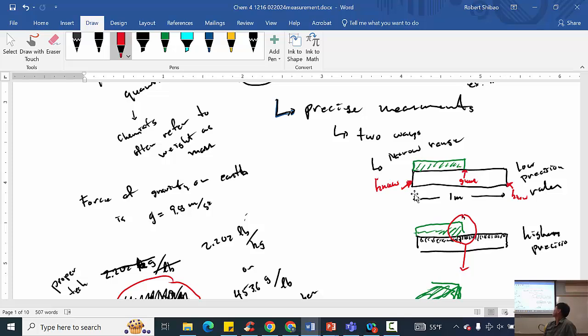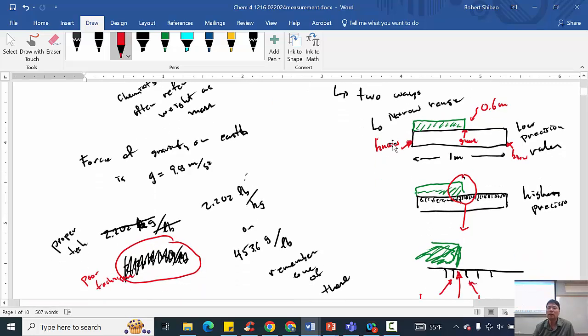For sure, we see it's greater than half. Maybe we shouldn't be that precise. Maybe I'm just going to guess it's like 0.6 meters. That's my guess here. And this is what we call the estimated digit. I'm estimating this one.